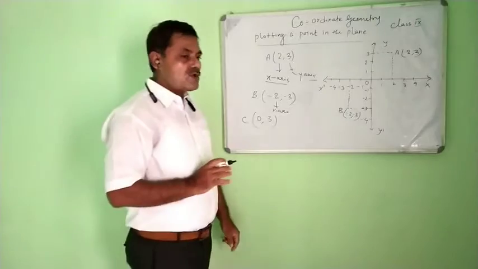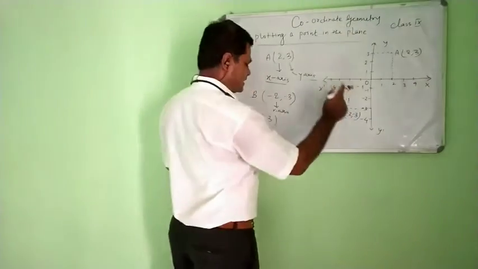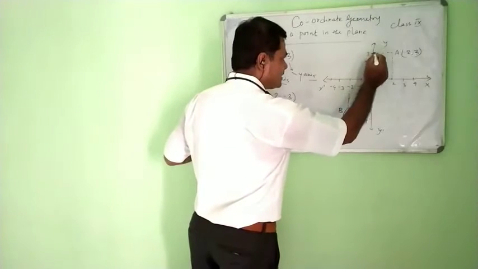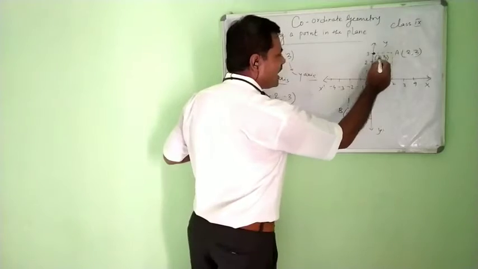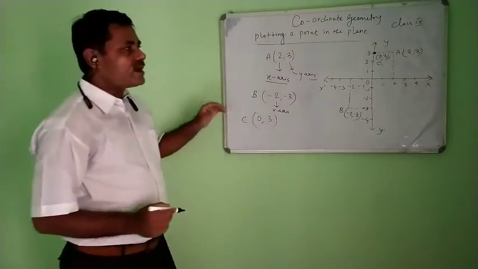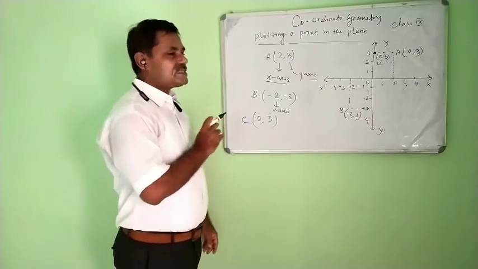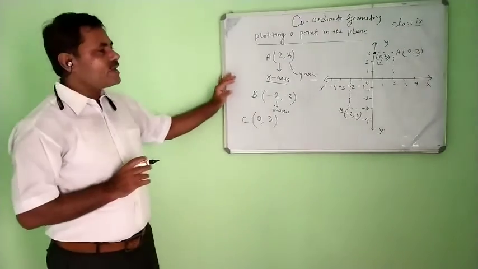Where is 0? It is a point lying on the y-axis. So this point is (0, 3), and this point is called C. So we are able to plot these points. Is it clear?